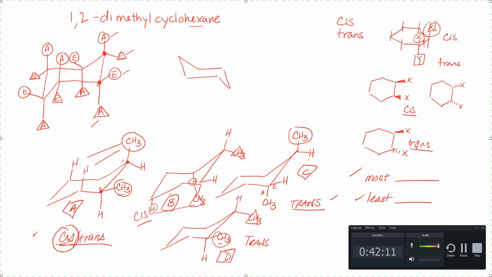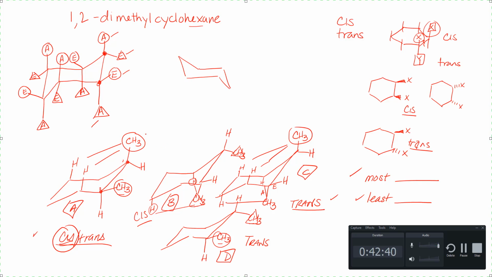Okay, how about for C? Well, C has the hydrogen above the plane of the ring with 2 destabilizing interactions, as does the methyl group below. So it has a grand total of 4 now. How about the D? D has none.